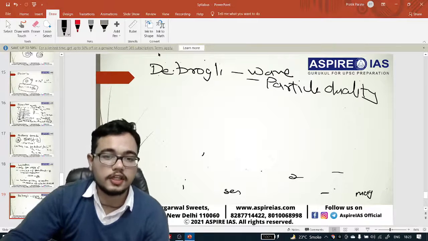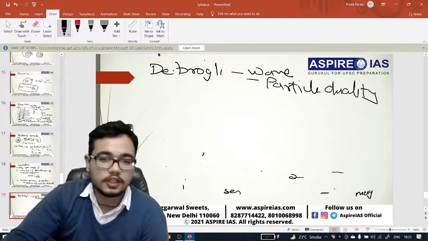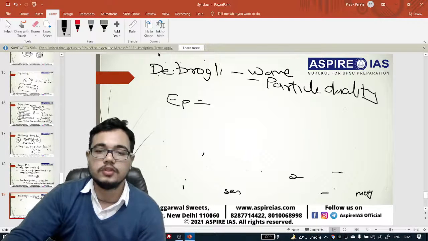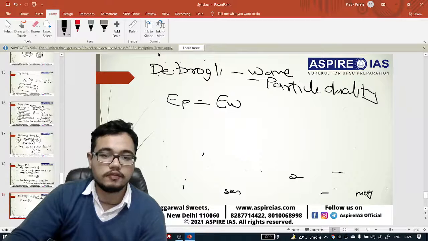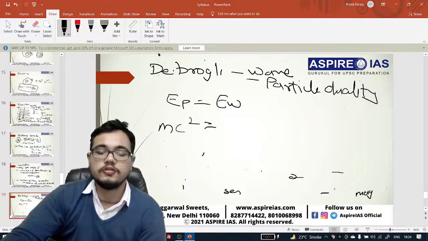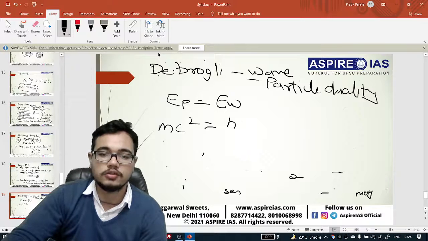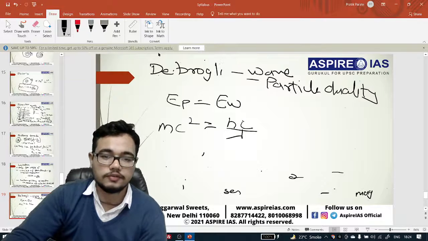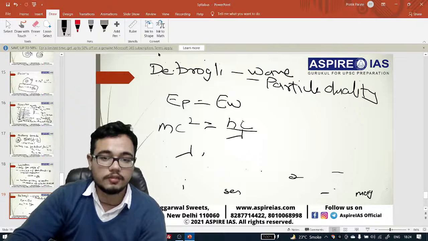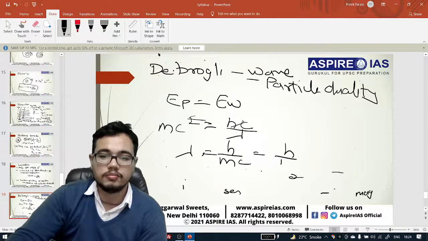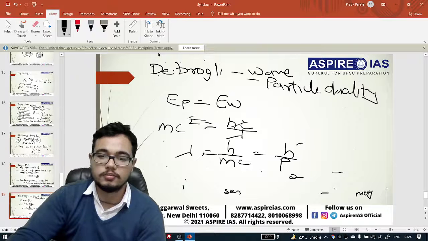Since they have both characters, the energy from particle character and the energy from wave character must be equal. So energy from particle character we calculate by E is equal to mc square, and energy from wave character we calculate E is equal to hc by lambda. Upon equating this, we get lambda is equal to h upon mc or h upon p. P is momentum, h is Planck's constant.